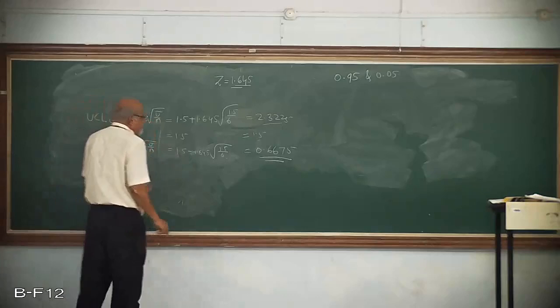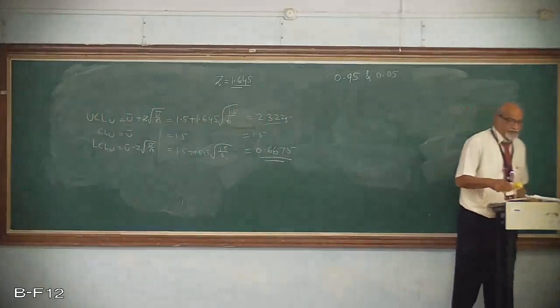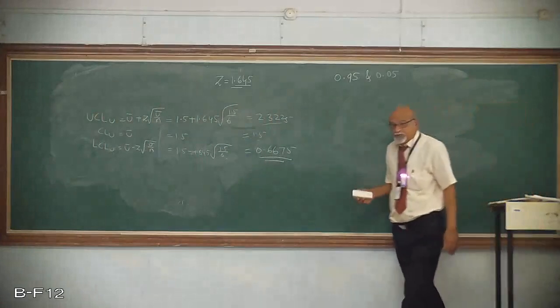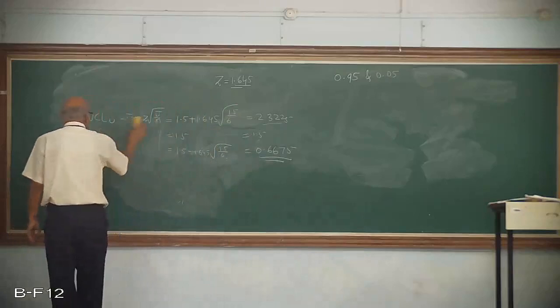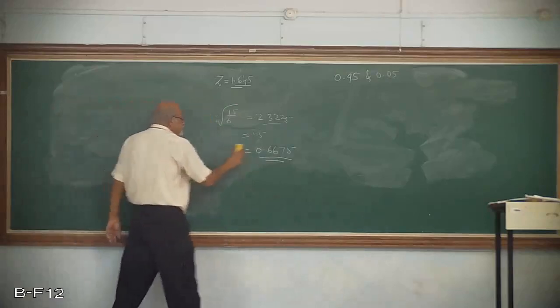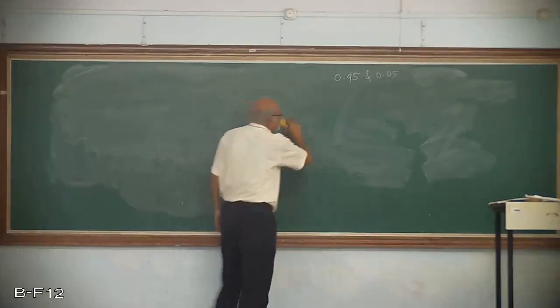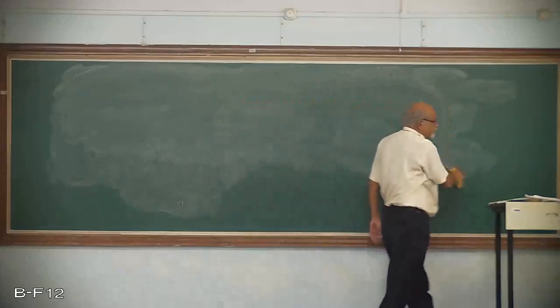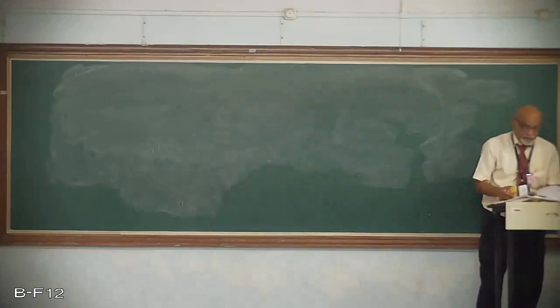Now we'll take up one more separate example. This is what we discussed about the normal distribution. Now, if we take up the Poisson distribution, how is it going to work out? So let us create an example and try to find the value for that.